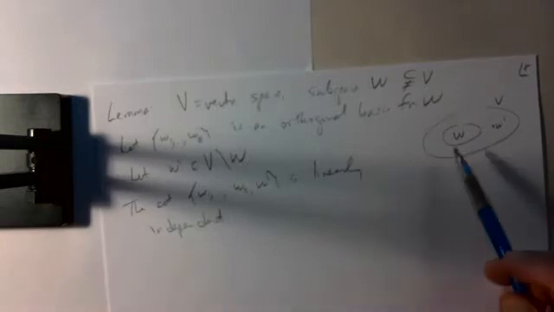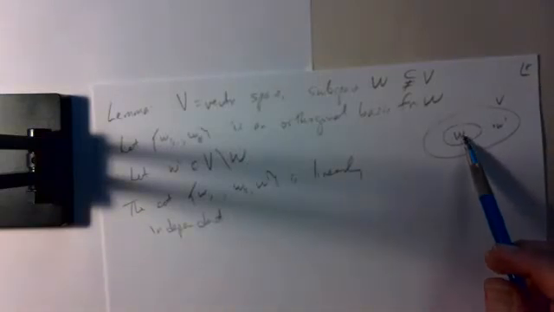That was actually a question on the last exam. If you have a basis for a subspace W and you take any vector that's not in the subspace and add it to the basis, you get a larger linearly independent set.